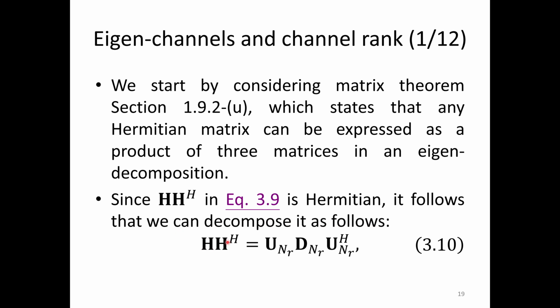H times H Hermitian is equal to U_NR times D_NR times U_NR Hermitian. Okay, U_NR means this matrix U is an NR by NR matrix.